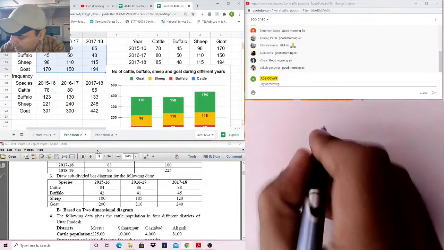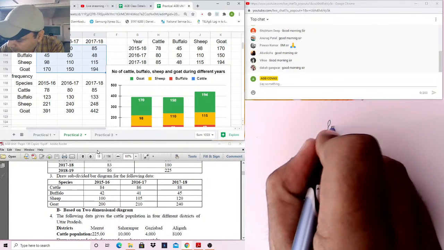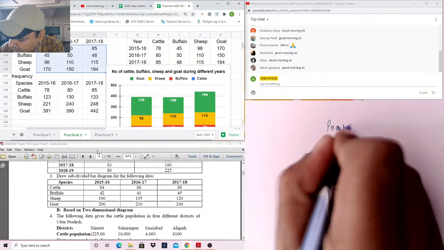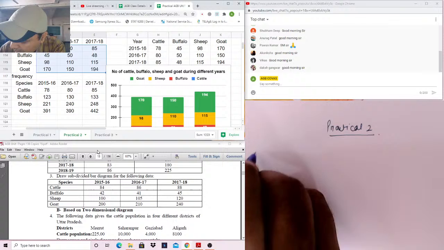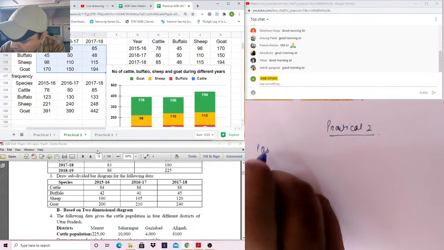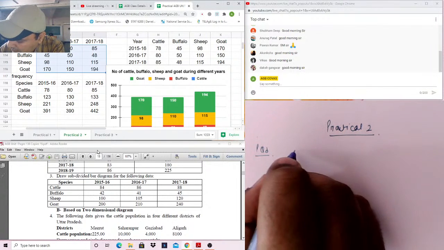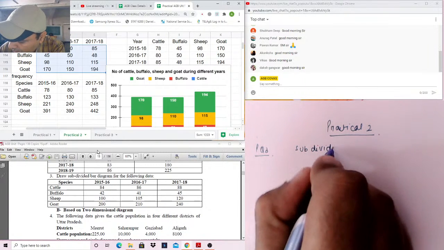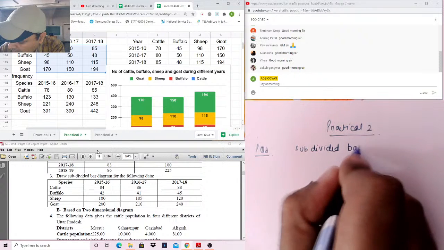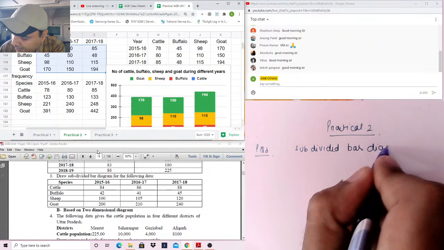Basically this is practical number 2, and we are doing the practice question 3. Okay. And this is an example of a subdivided bar diagram.